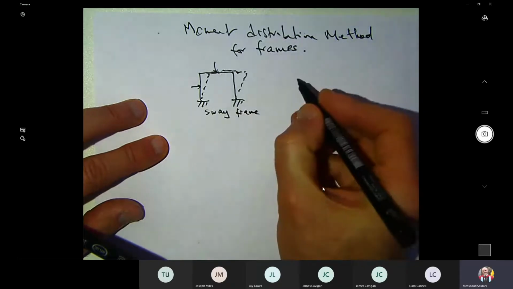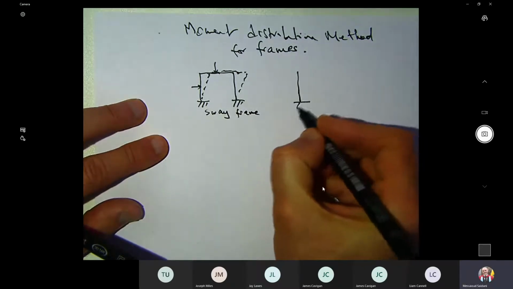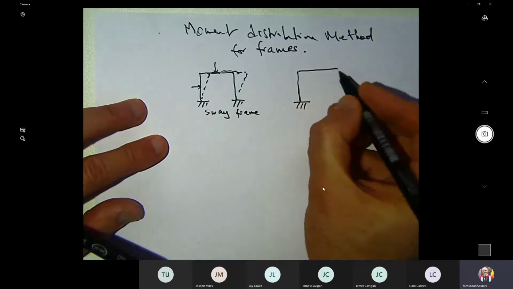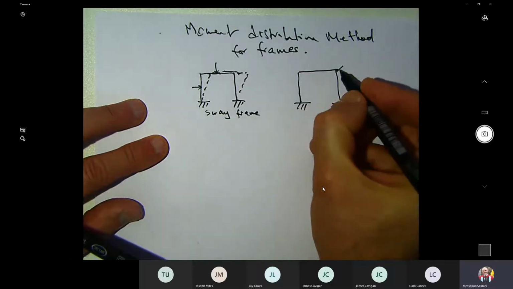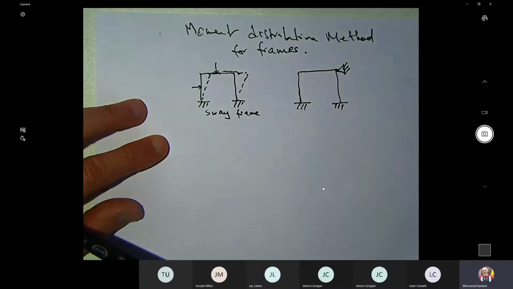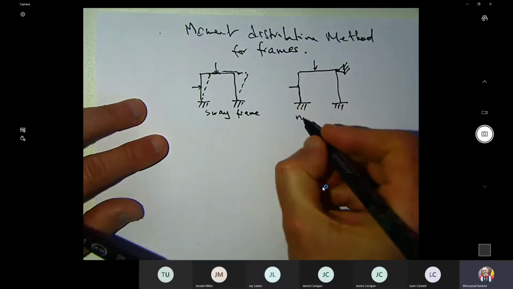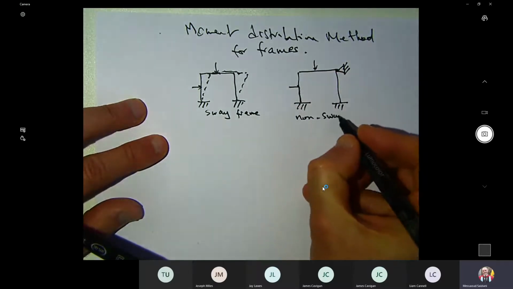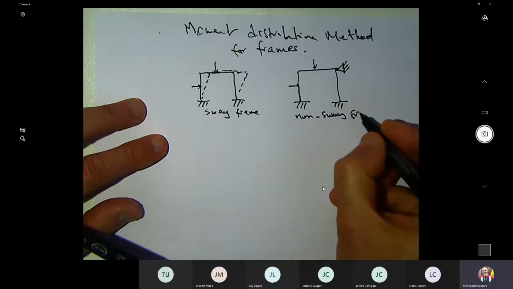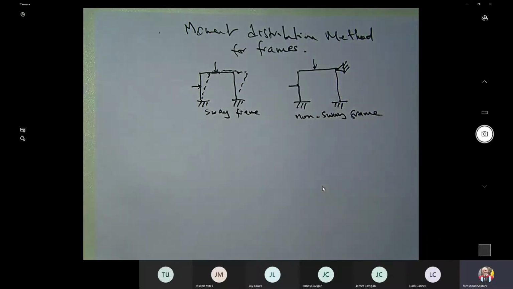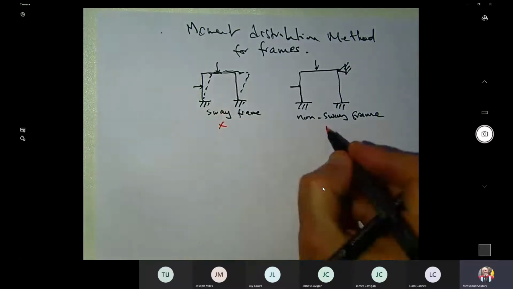Okay, if I take the same frame here and I restrain it, so I put a restraint there, then obviously it becomes a non-sway frame. Okay, what I'm saying is we are not covering these frames, we are covering this here.